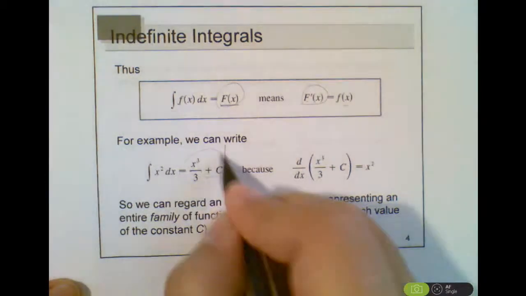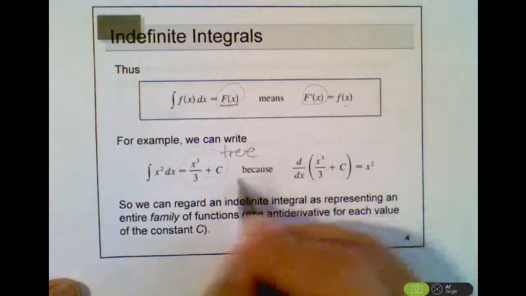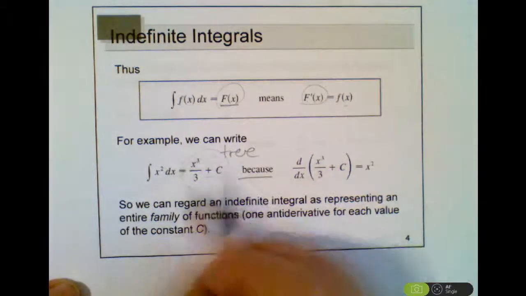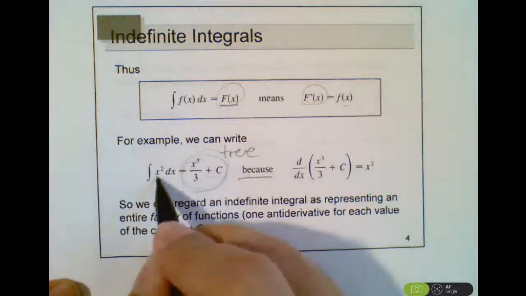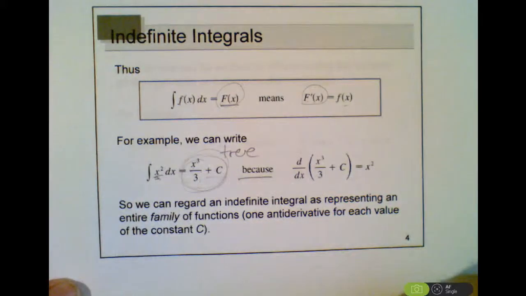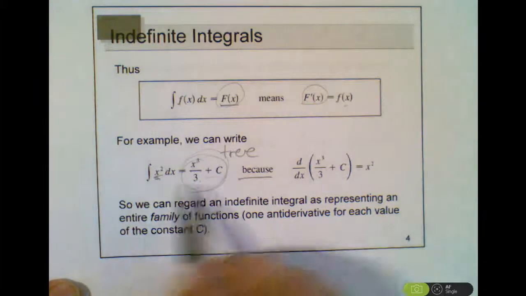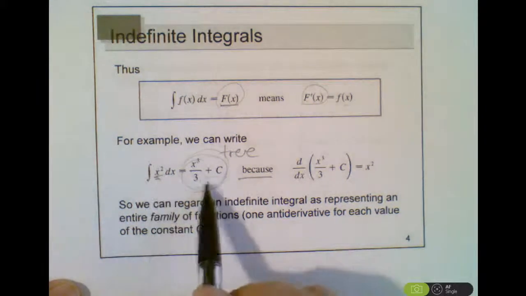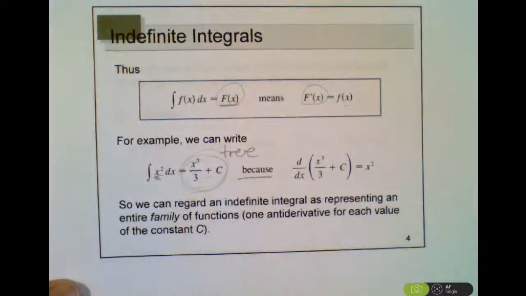And this is true because if I take the derivative of this side, I get back the function inside the integral. So remember that differentiating and integrating are inverse processes.